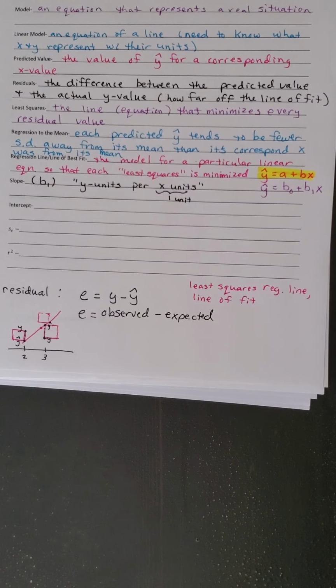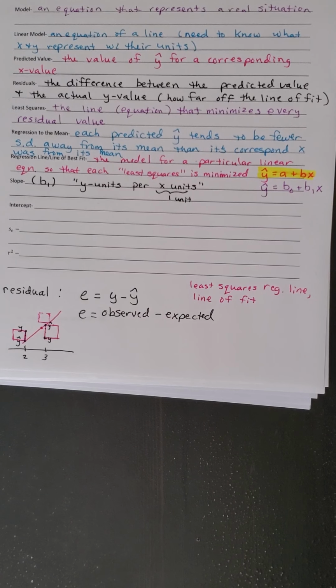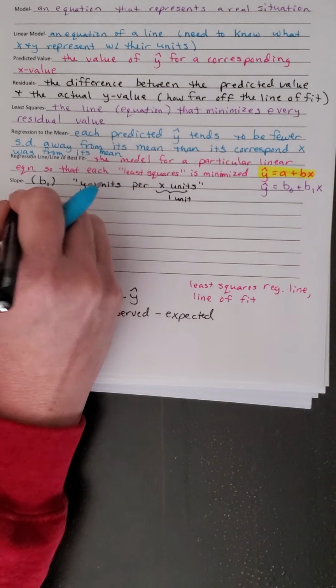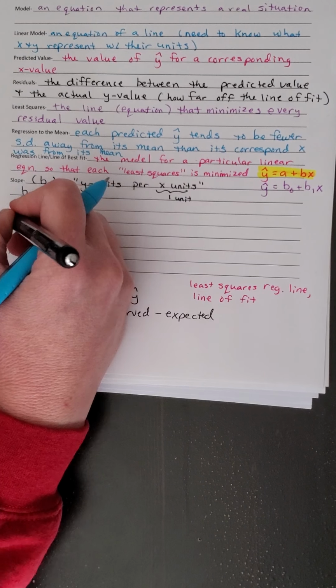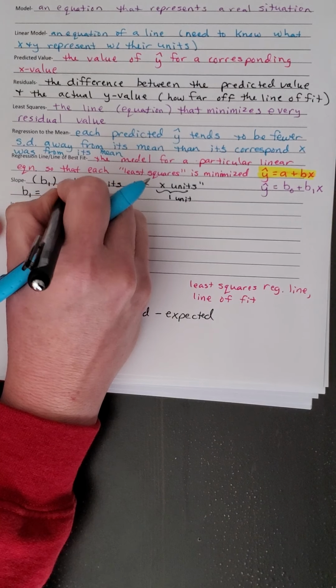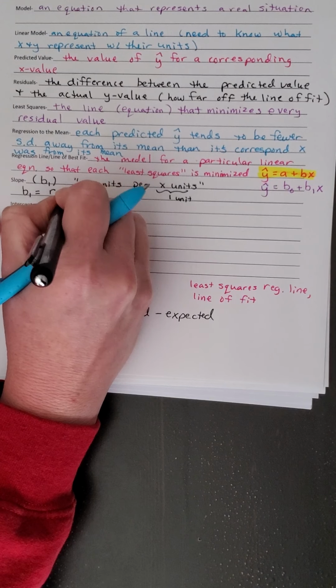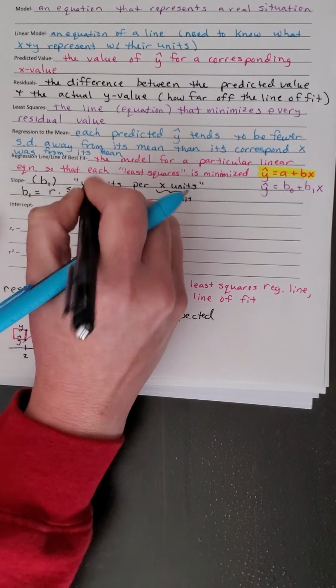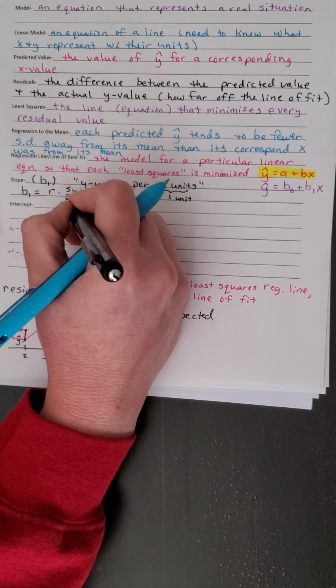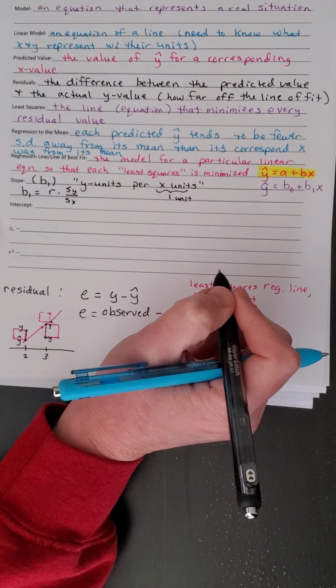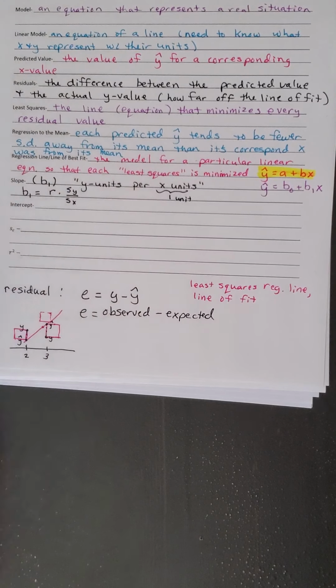The way that we calculate that value is b1 equals r times s sub y over s sub x. Remember, s sub y is the standard deviation of y, s sub x is the standard deviation of x, and r is the correlation coefficient.